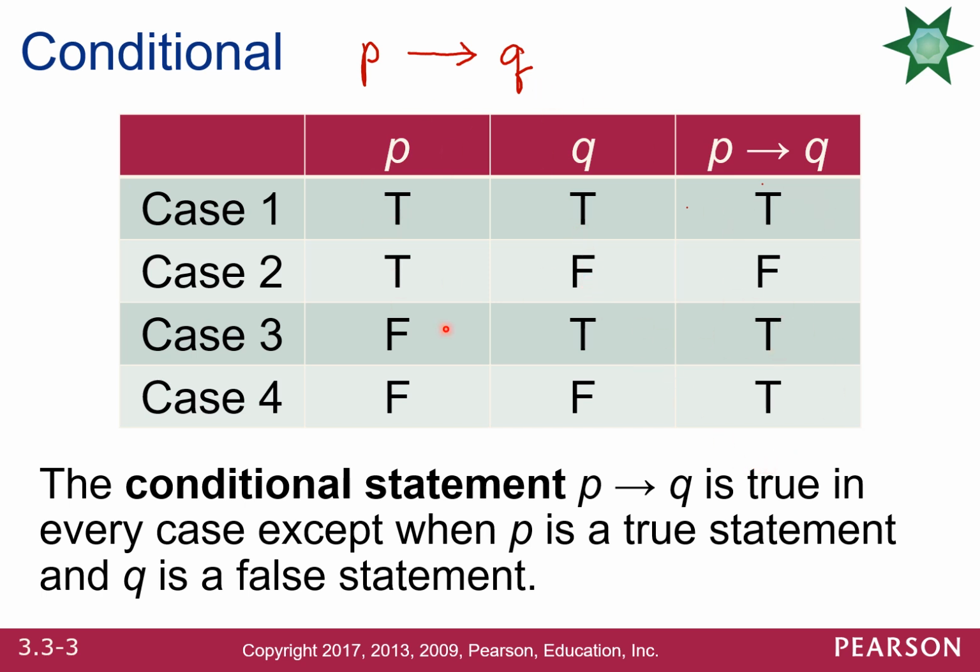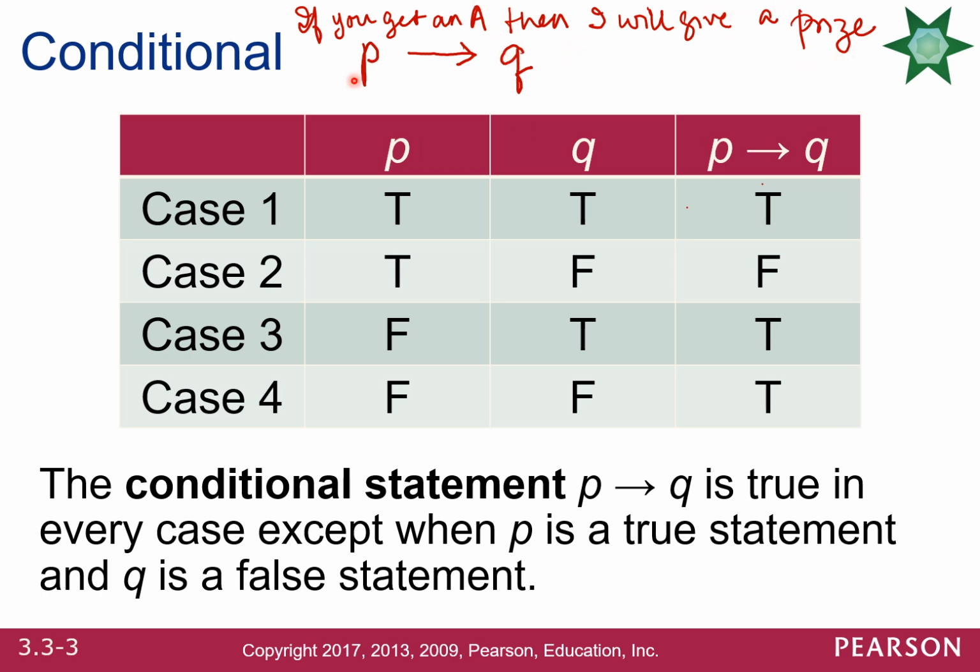So let me give you a quick example to make it a little more meaningful for you. Think of P as a statement saying, if you get an A in the class, then Q will be, I will give you a prize. So the conditional statement is if you get an A in the course, then I will give you a prize.